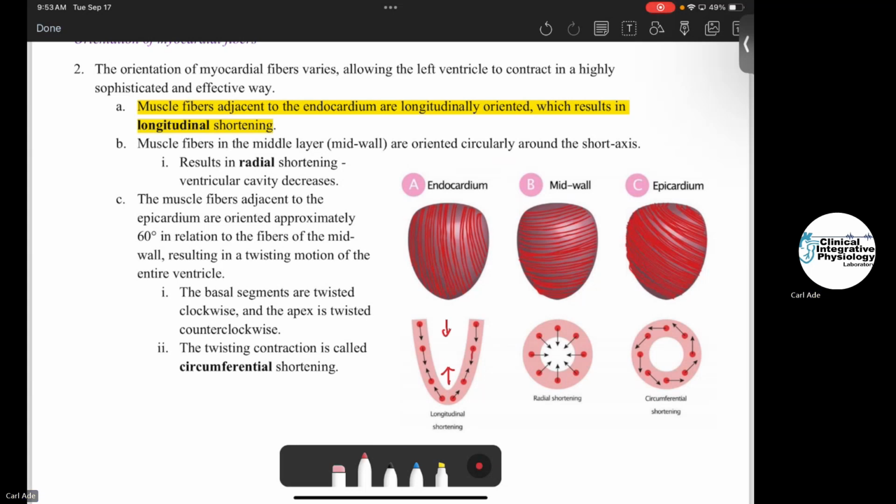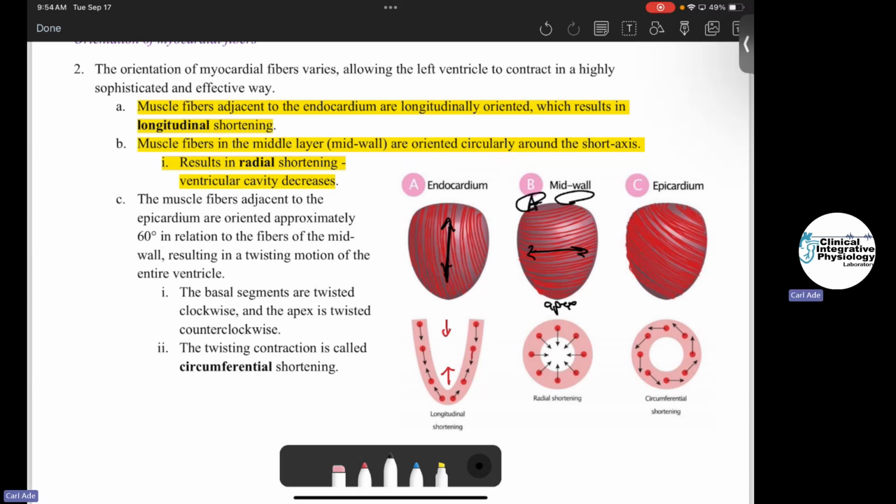Now, if I look at the myocardial fibers, their orientation, how they wrap, midway, say in the mid wall, they actually wrap in a different way. Instead of being straight up and down like this in the endocardium, they're wrapped along here. So this is the apex. Up here would be the valves, and the atria would be up here.